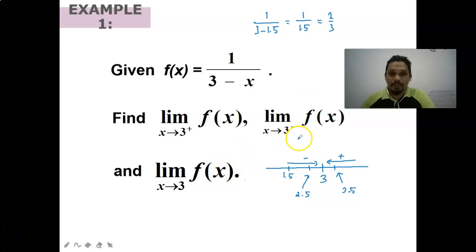Okay, I make a correction here. 2.5 and 1.5 are when x approaches 3 from the left side, not the right side, sorry. Approaching 3 from the left side here, 1.5, 2.5, let's say 2.99.